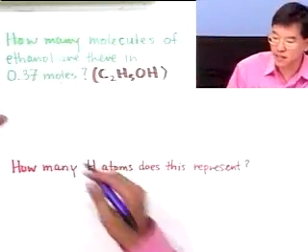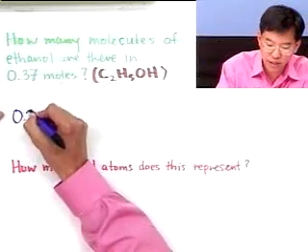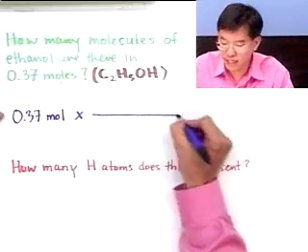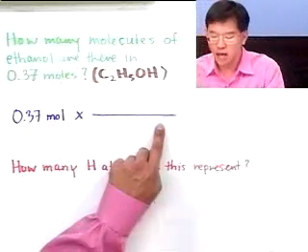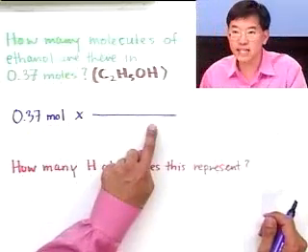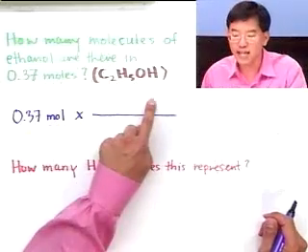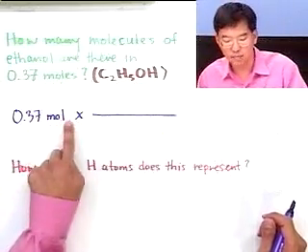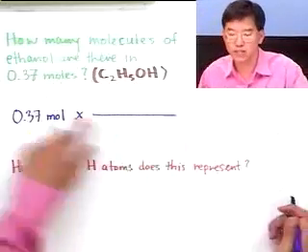How do we do that? Well, we say 0.37 mole times another conversion factor, and this time we want moles in the denominator and molecules in the numerator because we want the moles to cancel out. Remember, something upstairs cancels with something downstairs.